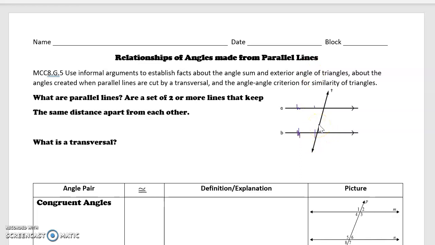Notice that if I pick a point on the line T, the distance may change. But when I do it from the same point with 2 parallel lines, then it stays the same. So line A and line B are parallel lines.